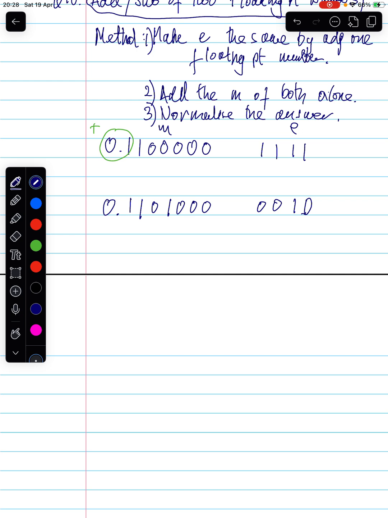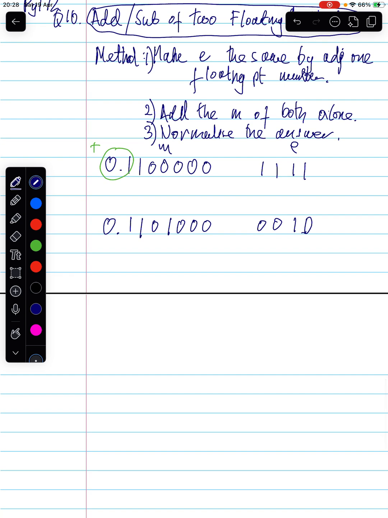Okay, so the first step. Now, by the way, we can't just add these two. This is also a positive number anyway. So we need to add these two floating point numbers.